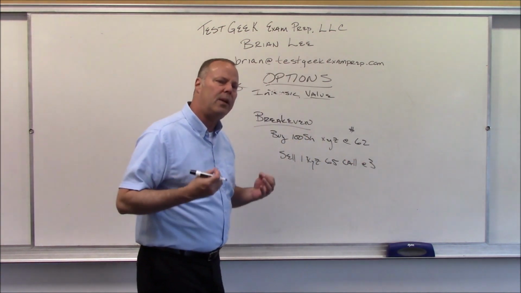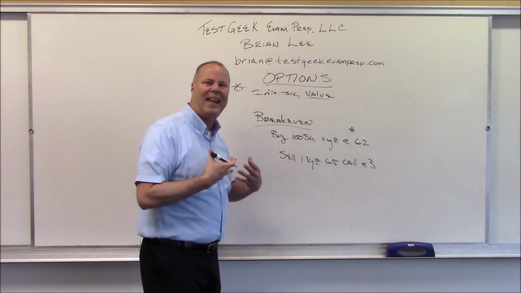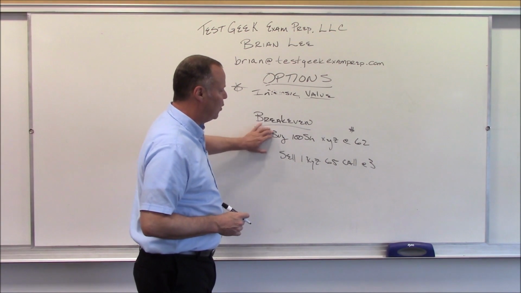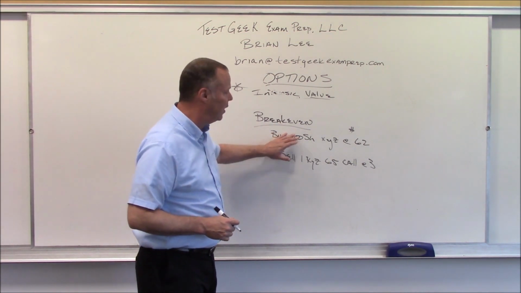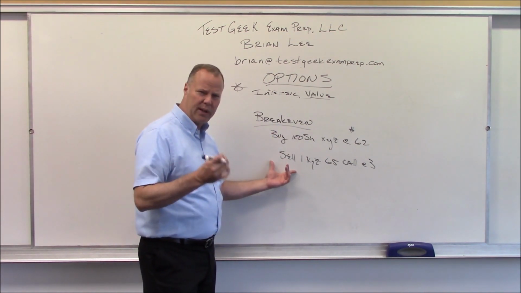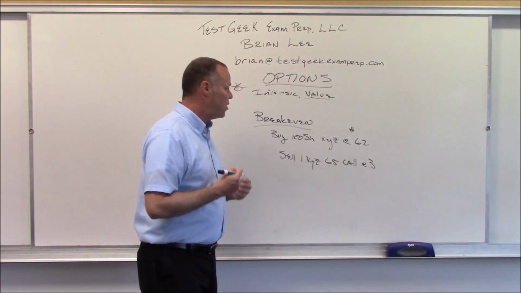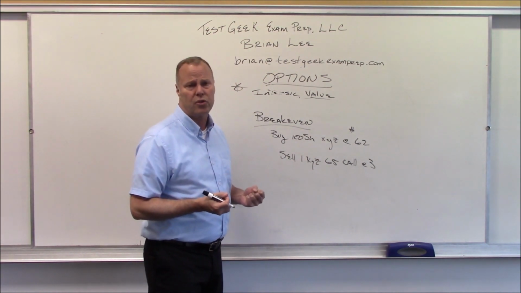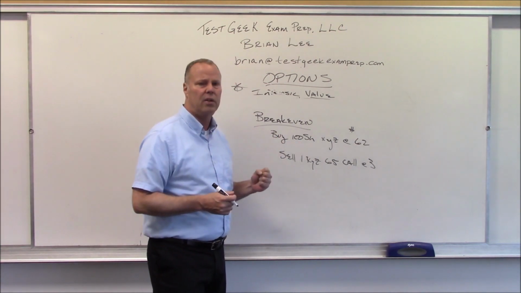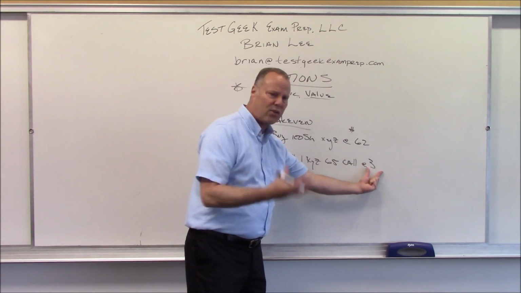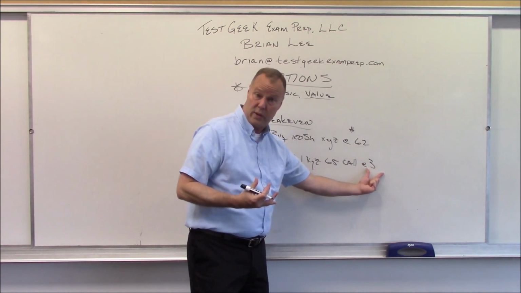This is what we typically refer to as a hedge position. When you actually own the stock and you either buy or sell an option in addition to that, that's a hedge. It's generally used for one of two purposes: to either protect the stock, or in this case, by selling the option, you're bringing in additional income.